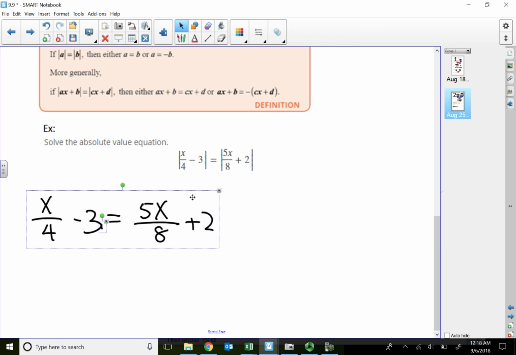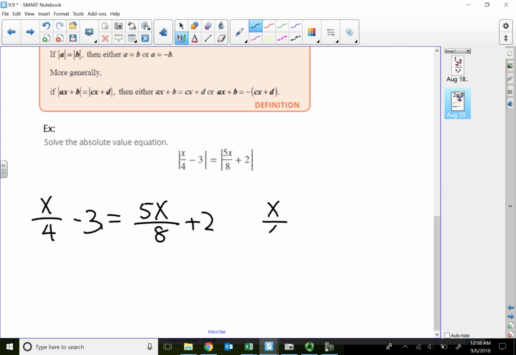All right, the other one, we take whatever is inside the absolute value and set it equal to a negative of whatever I have on the right side, which is another absolute value, which when I strip it is 5x over 8 plus 2.